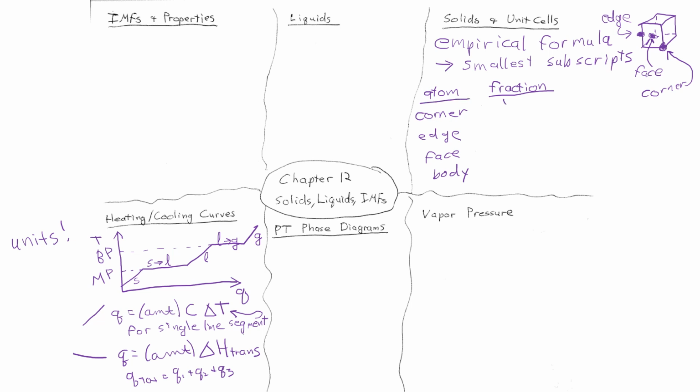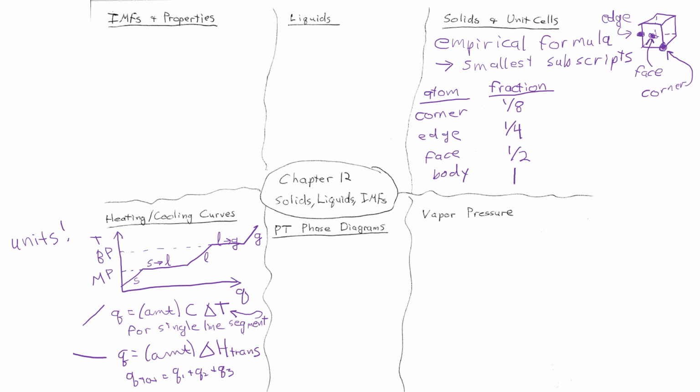The corner atoms, it's 1/8 because they're shared by 8 unit cells as the unit cells stack to build your extended solid. The edge atoms are shared by 4 unit cells, so their fraction is 1/4. Face atoms are shared by 2, so the fraction is 1/2. And then body atoms are ones that are completely inside of the unit cell, so their fraction is 1.